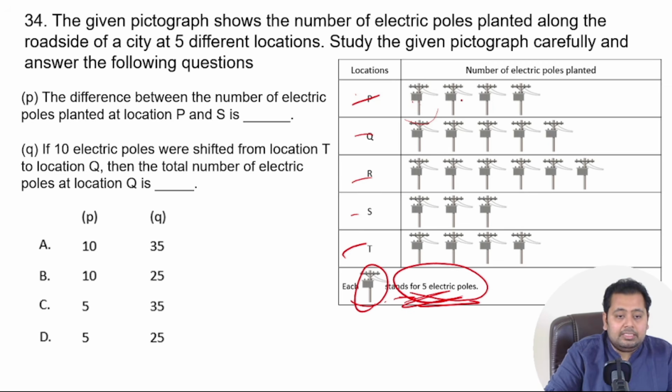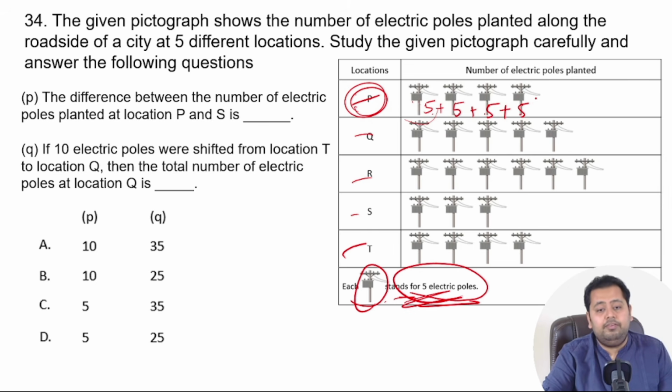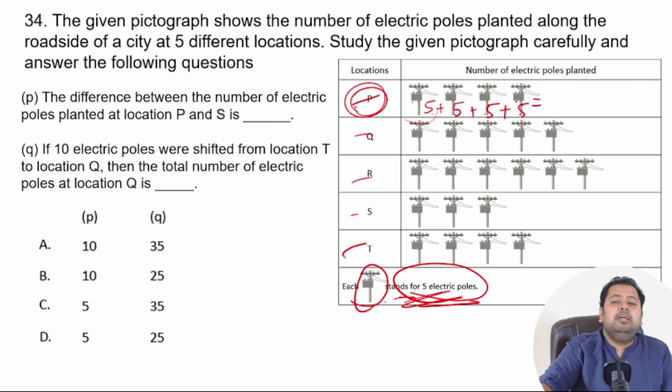So in location P, exactly what's happening is there are 5 plus 5 plus 5 plus 5, it is just 4 times 5 number of poles that were planted by the officials, right? So this is 5 plus 5 is 10, 10 plus 5 is 15, 15 plus 5 is 20.